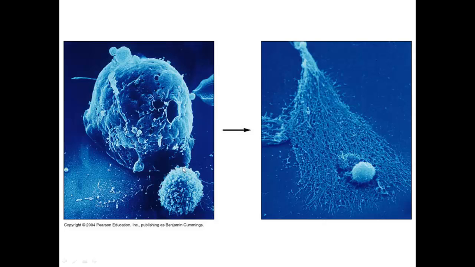And this cytotoxic T cell's TCR is already engaged, and it's released perforins and proteases. The perforins have put little holes in the surface, and the proteases are making their way into the cell and causing the cell to die from the inside out. So you can see this cell is completely collapsed, and all you're looking at here is the cytoskeleton. Pretty neat, huh?